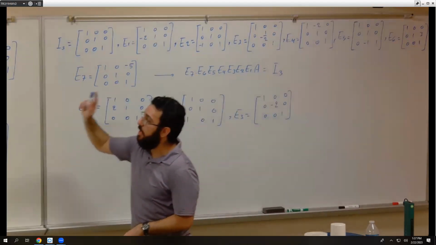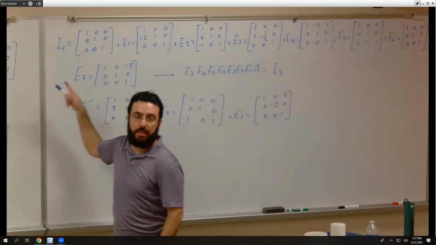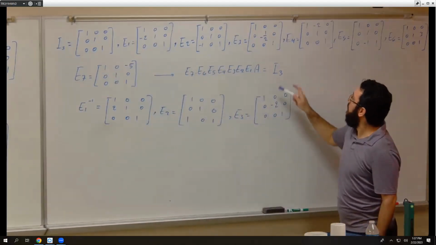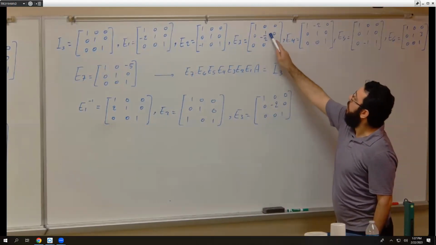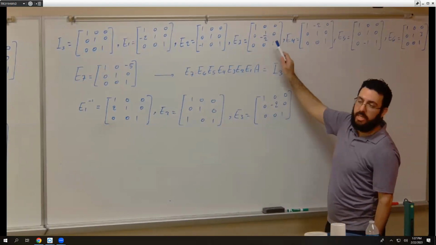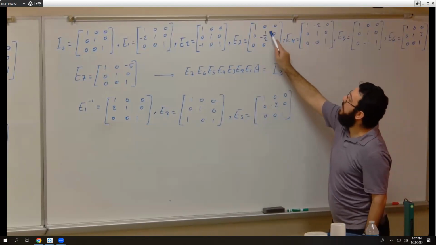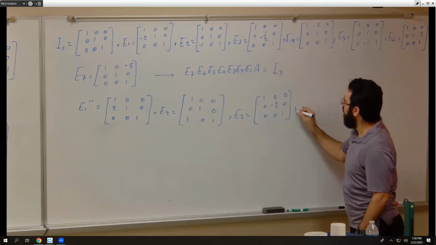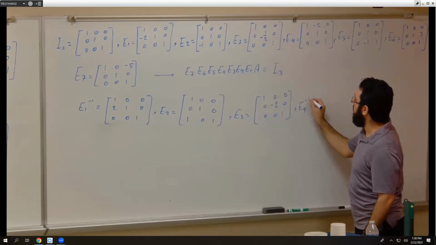The operation is exactly the same. So if it's negative 1 over 2, the elementary operation is negative 1 over 2. But when you take the inverse for this one, it's a diagonal, so it's going to be negative 2, the reciprocal for this one. Now E4 inverse. This is the inverse.